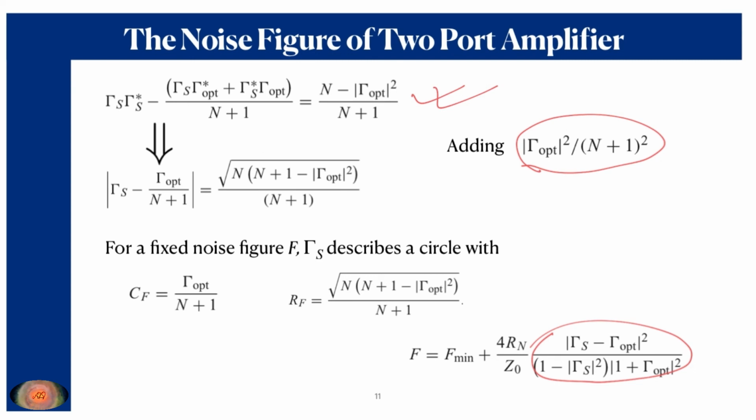Which means, suppose the gamma s associated with the stability circle describes a circle within the Smith chart, and the gamma s associated with the noise figure also describes another circle within the Smith chart, but those circles are completely separated from each other. In that case, you cannot have a common region that describes the stability condition as well as the minimum noise figure condition for the amplifier you are going to design.